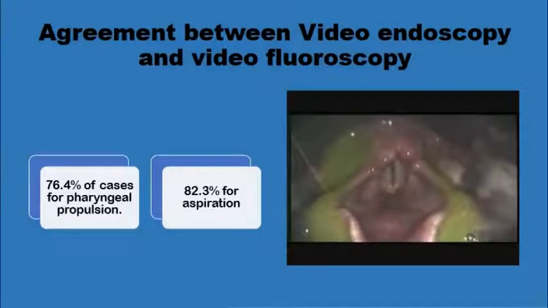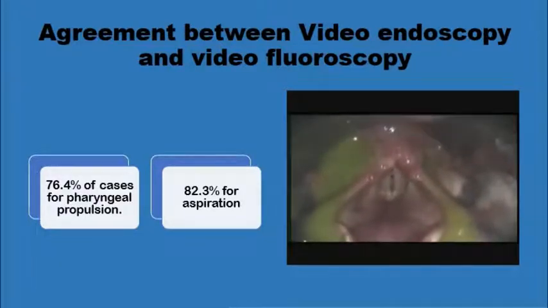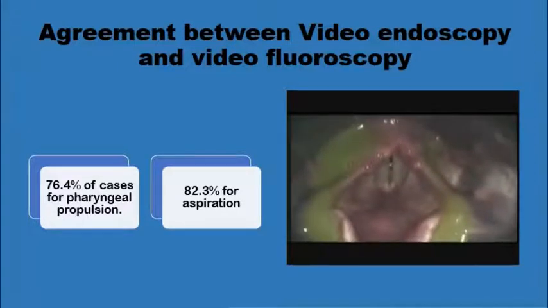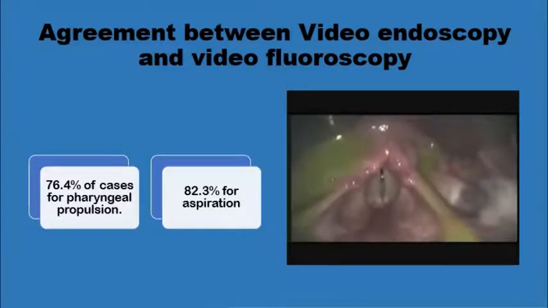The penetration aspiration scale can also be used to grade the severity of aspiration through video endoscopy, not only through video fluoroscopy. And there is a very good amount of agreement between both techniques of measuring aspiration.